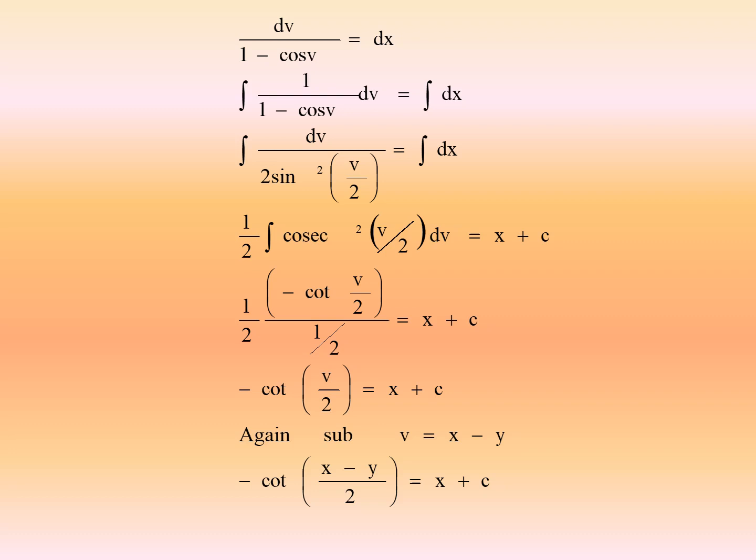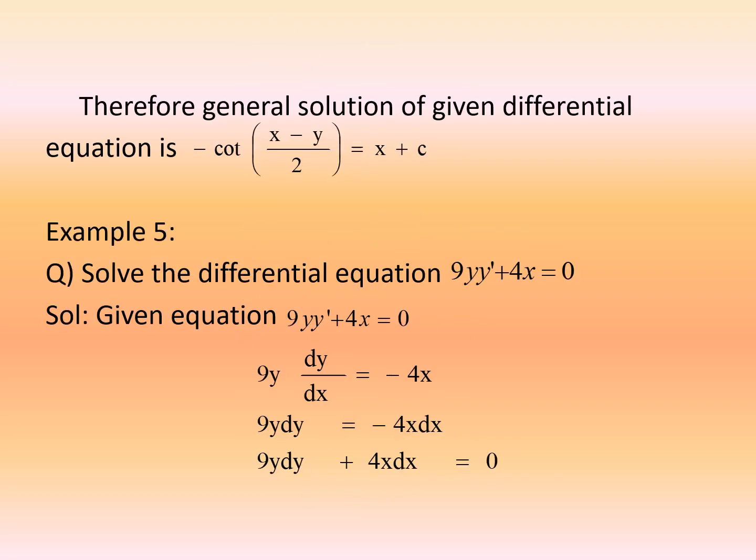So minus cot of x minus y by 2 equals x plus c. Therefore, the general solution of the given differential equation is minus cot of x minus y by 2 equals x plus c. So this is the general solution of the given differential equation.